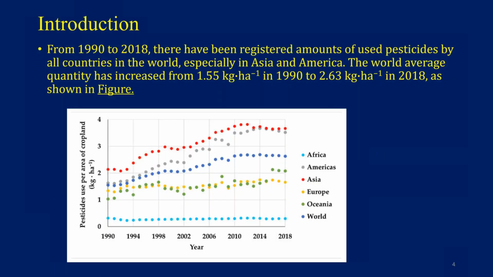From 1990 to 2018, there have been registered increasing amounts of pesticides used by all countries in the world, especially in Asia and America.